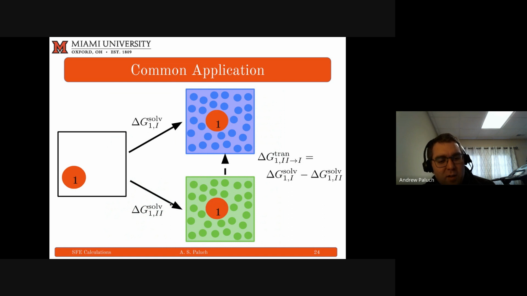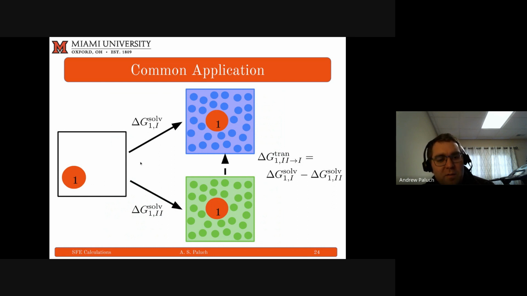The key is they have the same reference state, which is just the solute in a non-interacting ideal gas state, so if I take the difference of these solvation free energies, the ideal gas reference state value cancels out, and it's just equal to the transfer free energy of taking my solute from solvent 2 relative to solvent 1.